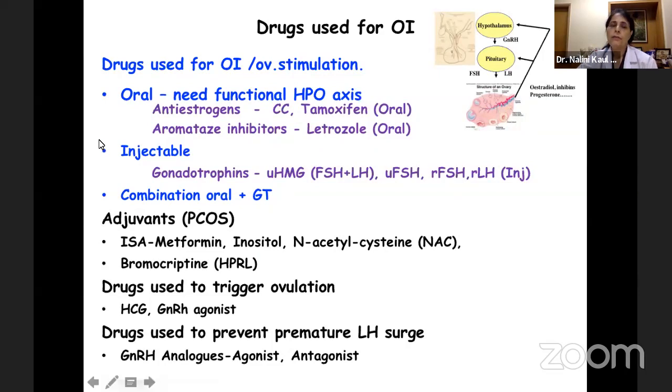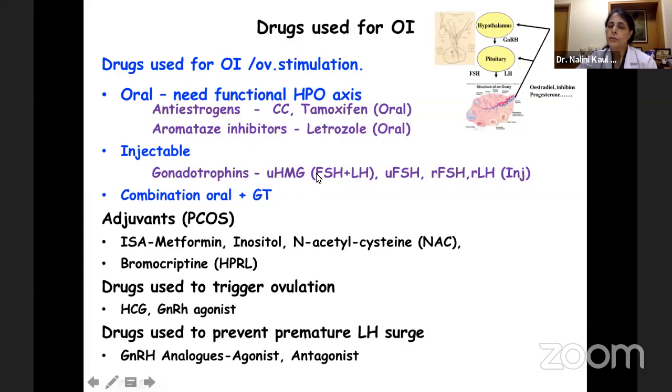When you give oral drugs, you need a functional hypothalamo-pituitary ovarian axis. And the oral drugs we use are the anti-estrogens, clomiphene citrate or tamoxifen, and the aromatase inhibitor, letrozole. The injectable agents do not necessarily need a functional HPO. These are the gonadotrophins.